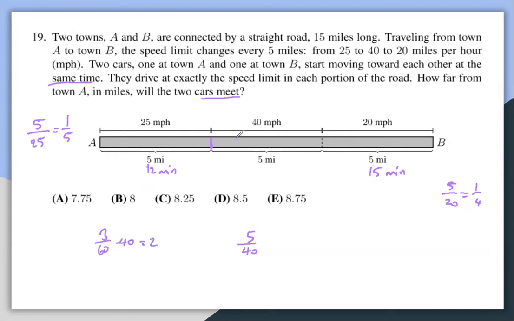So person A will go 2 more miles in this direction when person B is right here. So that will be A, that will be B. Now this is at this point and this is at this point, and they both have the same speed, so they're going to meet in the middle. This was 5 miles, so the middle is 2.5.